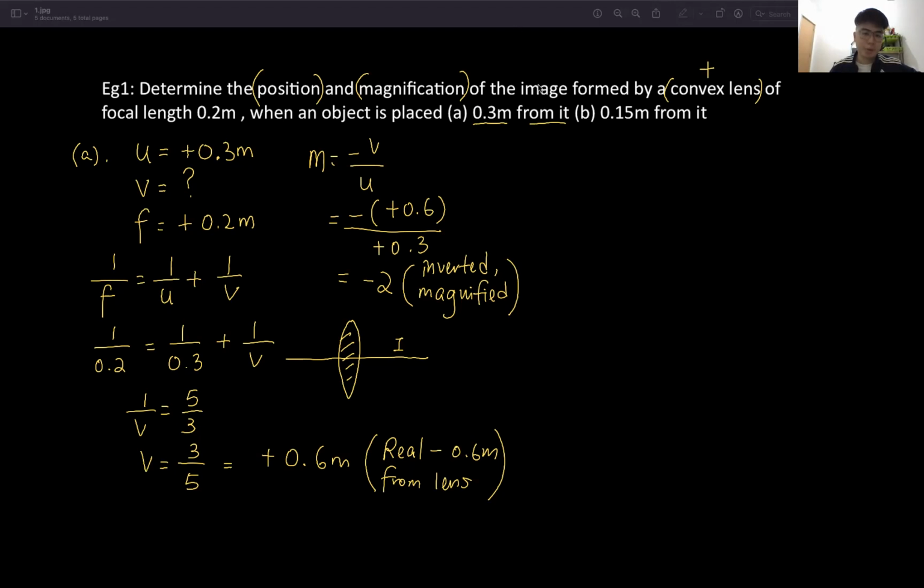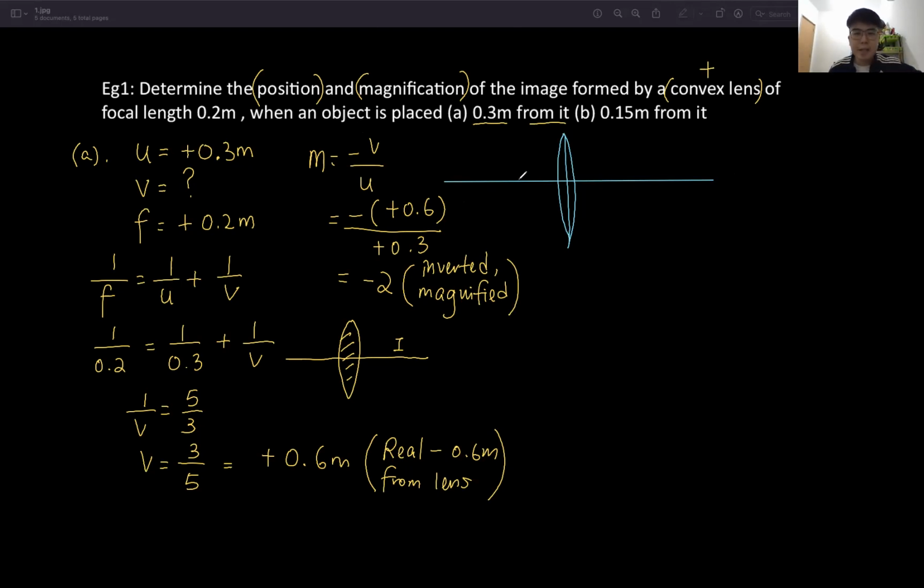Even if you want to draw, you can draw it. Now you draw it like this. Here's your convex lens. You have your principal axis. Then you have to know, let's say I use 0.2 as the focal length. Focal length 0.2. So where is my object? My object is placed 0.3.